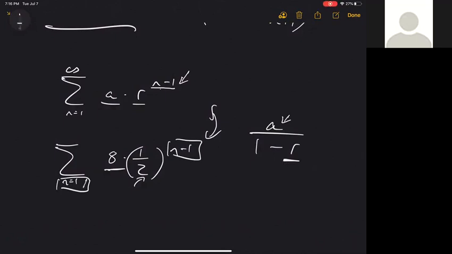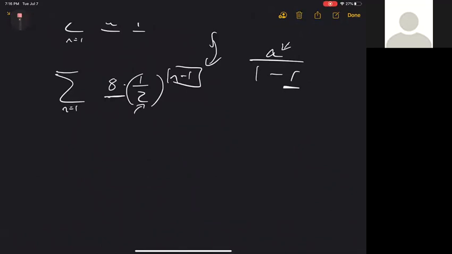That should be fairly straightforward, but as I said, there are some ways to disguise it. Instead of having it laid out nicely, like 8 times 1/2 to the n minus 1, maybe it's something trickier, like 8 over 2 to the n minus 1.